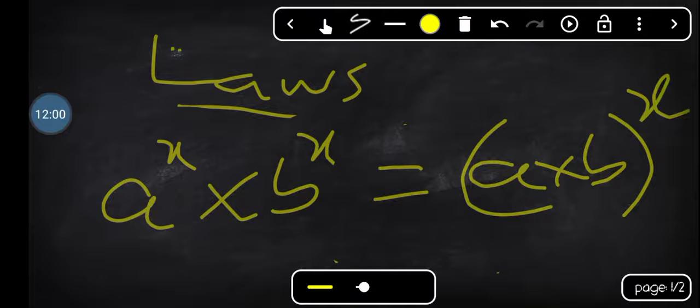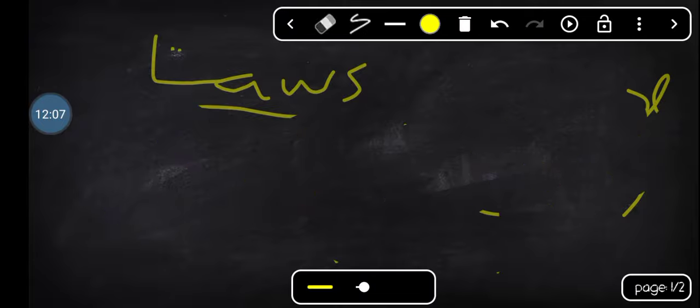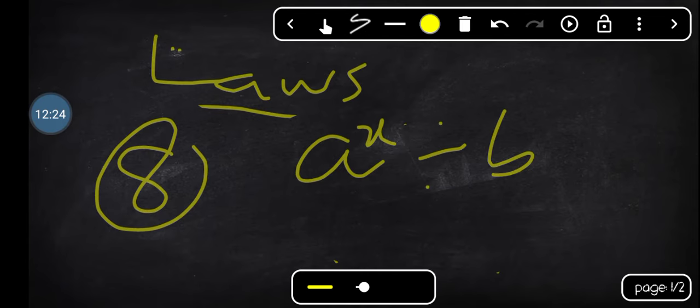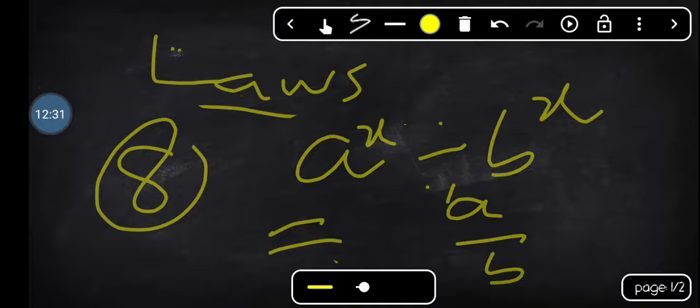Also, the same principle applies for division. Maybe this is law number 8. If you have a raised to power x divided by b raised to power x, it is the same principle, so give me a over b, everything raised to power x.